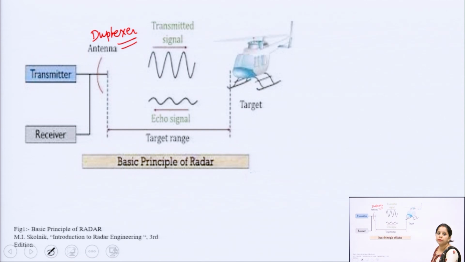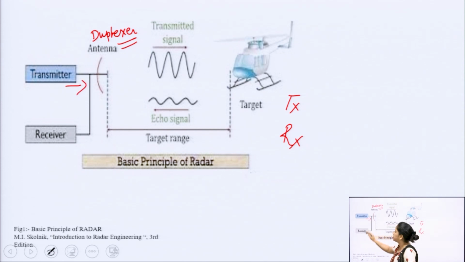A duplexer type antenna behaves as both the transmitting and the receiving antenna, but not at the same time, rather at alternate times. When the signal is transmitted from the transmitter section, it behaves as a transmitting antenna, and when the signal has to be received, it behaves like a receiving antenna. That is why a single antenna is used here.